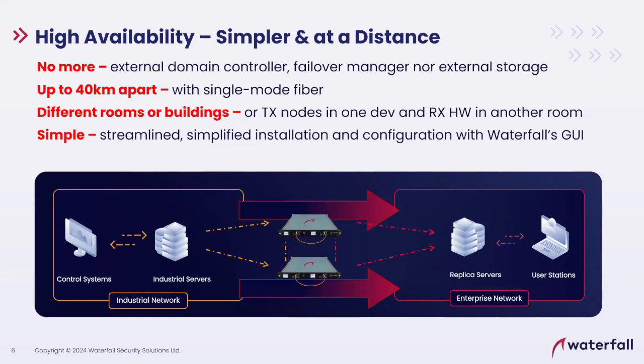Another use case that was possible with the 500, I just wanted to emphasize it's still possible with the 600, and that is hosting the transmit hardware in one room or in one building and the receive hardware in another. Why would you do that?